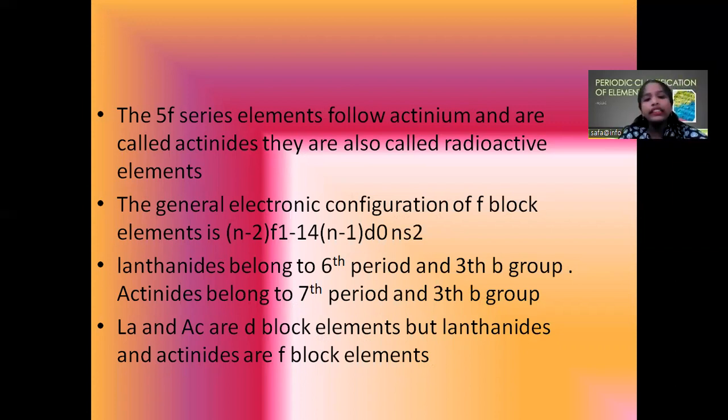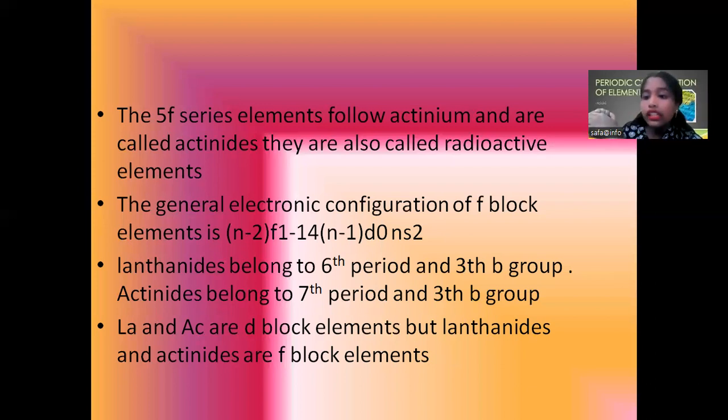The 4f series follows lanthanum and is also called lanthanides. The 5f series follows actinium and is also called actinides, and one more name is radioactive elements. The general electronic configuration is (n-2)f1-14 (n-1)d0 ns2.